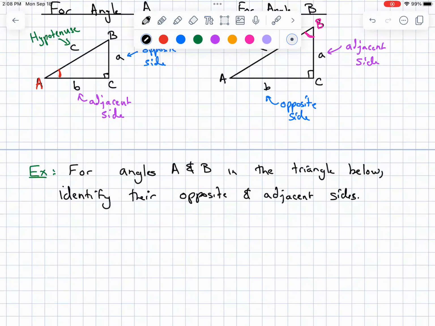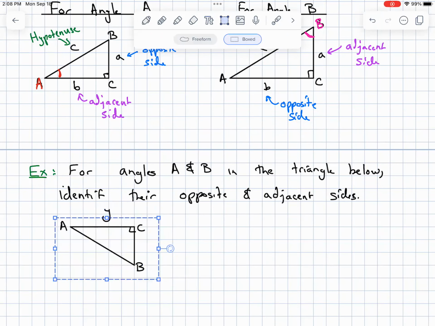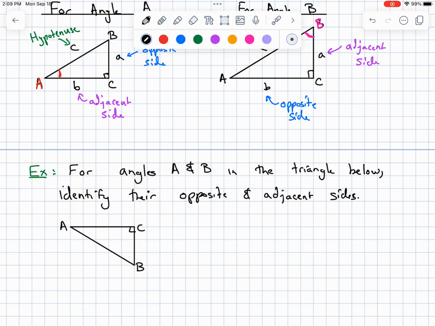For the triangle that's given, in the top left you'll have A, top right you'll have C, bottom right you'll have B, and the right angle is at C. The horizontal distance is going to be 24.